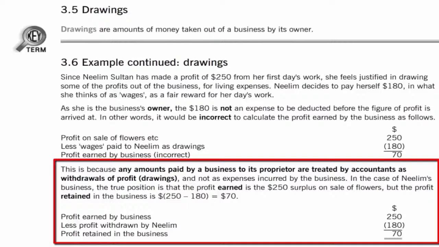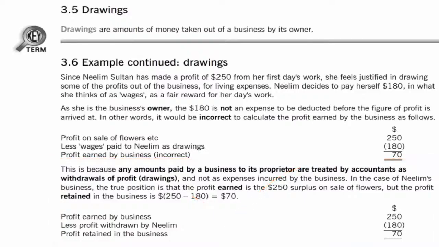Profit retained in the business, $70. This setup shows that the business still earned $250 in profit, but after Neelam took out $180 as drawings, only $70 remains in the business. That $70 is now the retained profit, the profit that stays in the business and increases Neelam's equity in it.